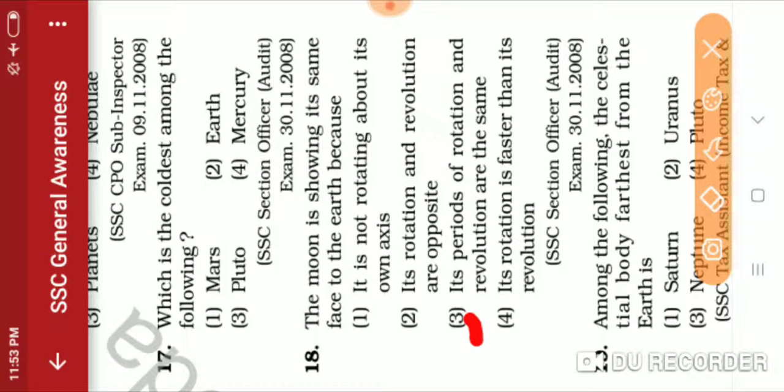That's why the period of rotation of the earth and the revolution of the moon are the same. That's why we can see the moon is showing the same face to the earth. Okay, next question.